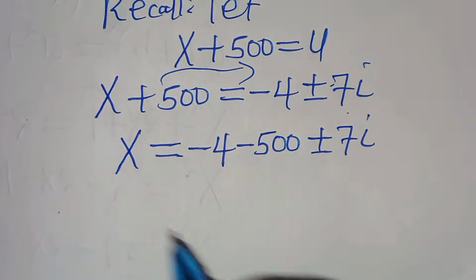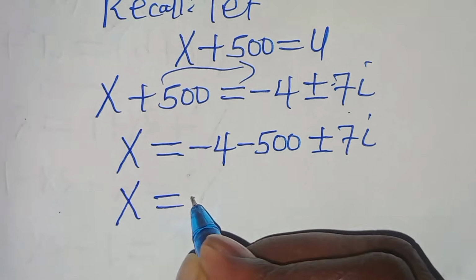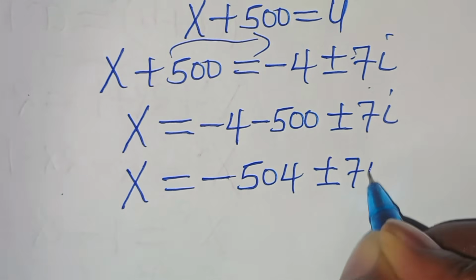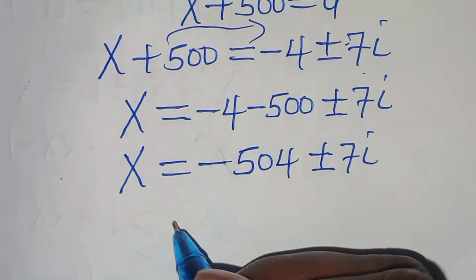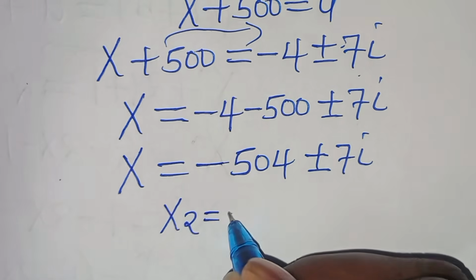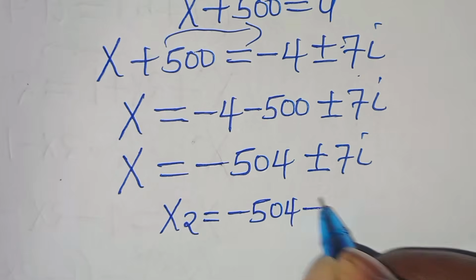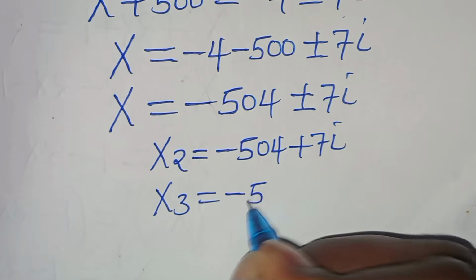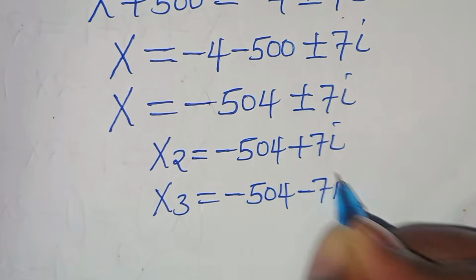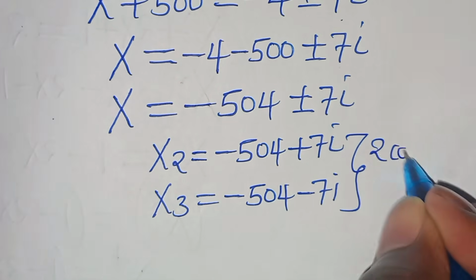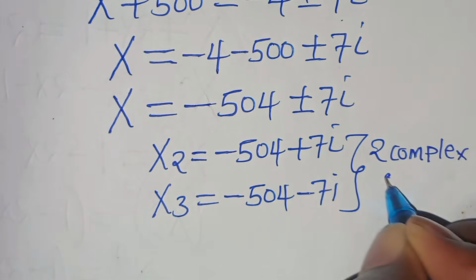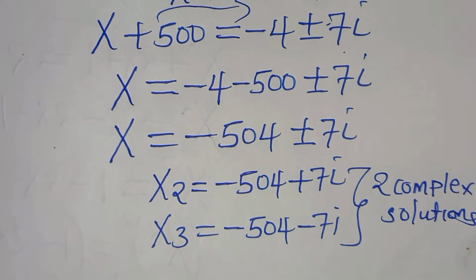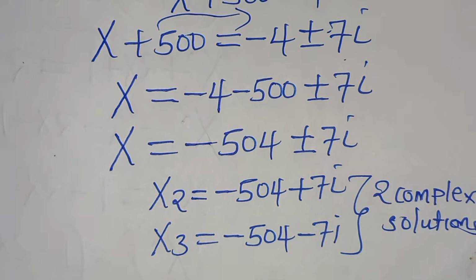So here we have x is equal to negative 504 plus or minus 7i. So you find that here we have x2, which is equal to negative 504 plus 7i, and we have x3, which is negative 504 minus 7i. These are two complex solutions for this algebra problem. So we have one real solution and two complex solutions.